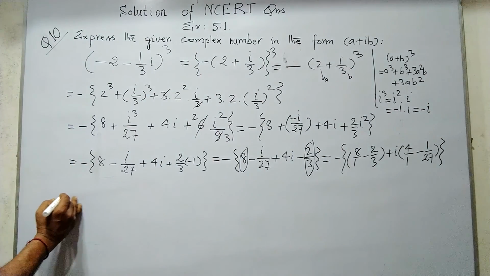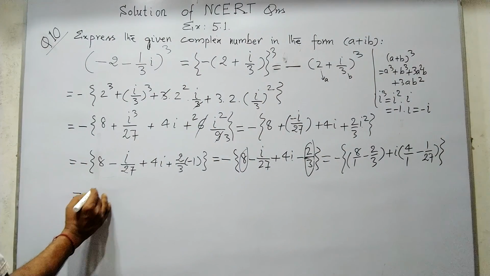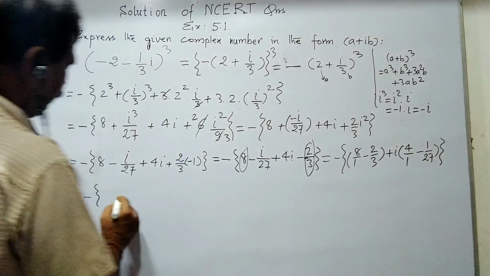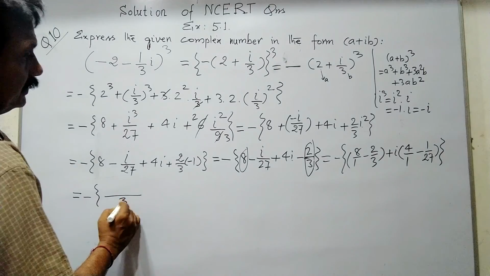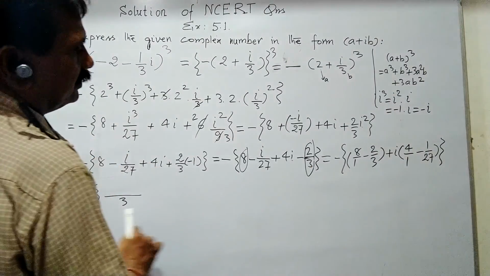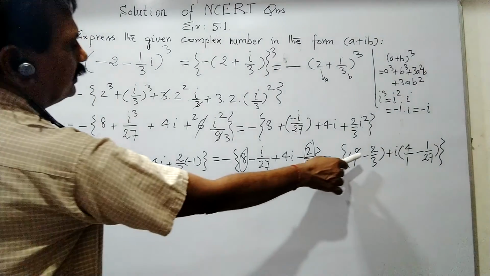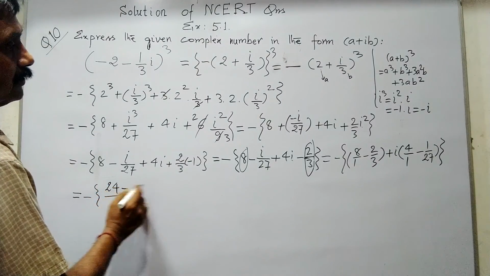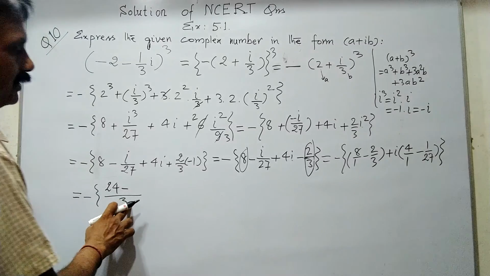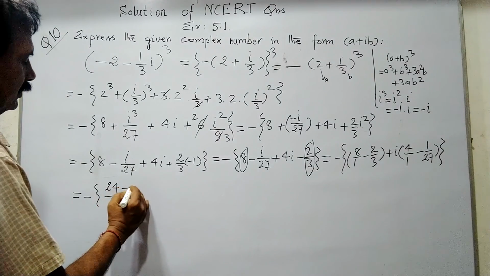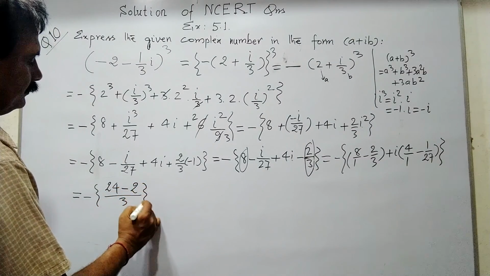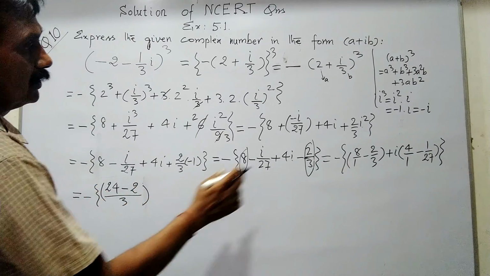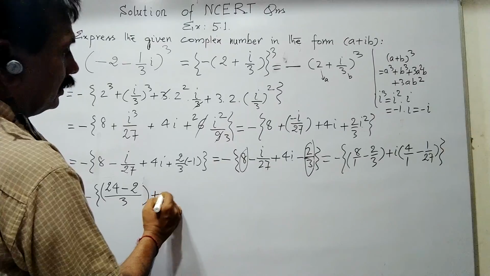Now this becomes minus, here take LCM 3: 3 divided by 3 is 1, 1 into 8 is 24, and 3 divided by 3 is 1, 1 into 2 is 2.